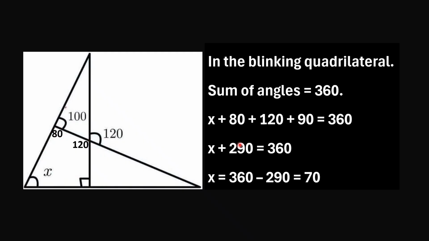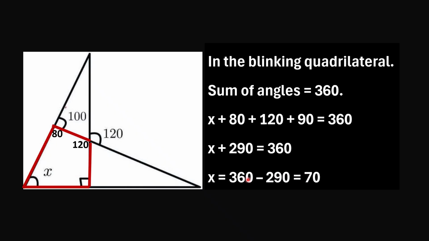So x plus 290 is 360. We transpose 290 to the other side, so x will be equal to 360 minus 290, that would be 70.